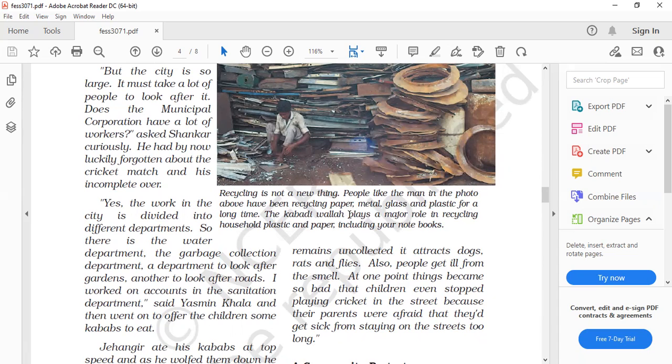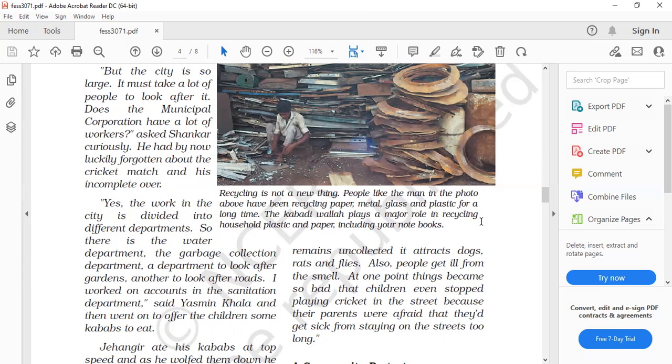The Kawadiwala plays a major role in recycling household plastic and paper, including our notebooks. So for this answer, mark this line, bracket this line, underline this line, whatever you think. So who plays a major role in recycling household plastic and paper? The Kawadiwala plays a major role in recycling household plastic, paper and our notebooks.